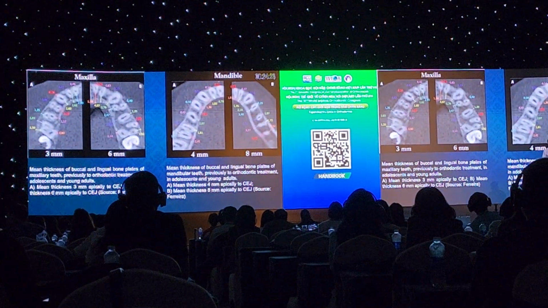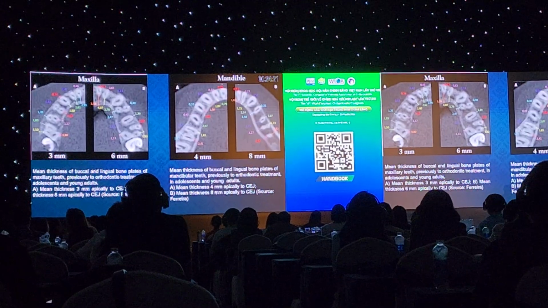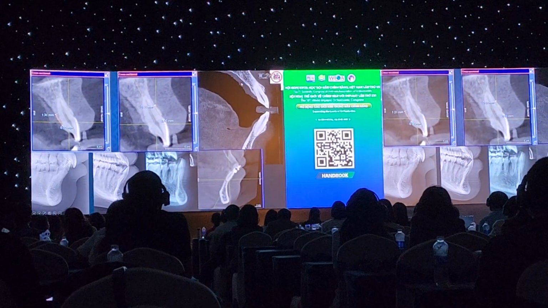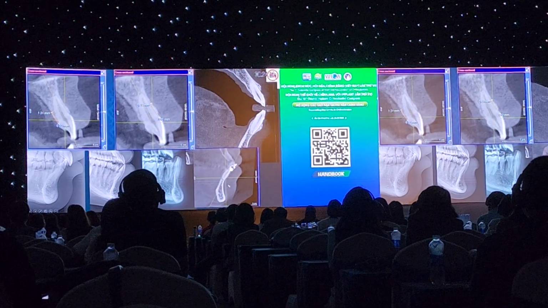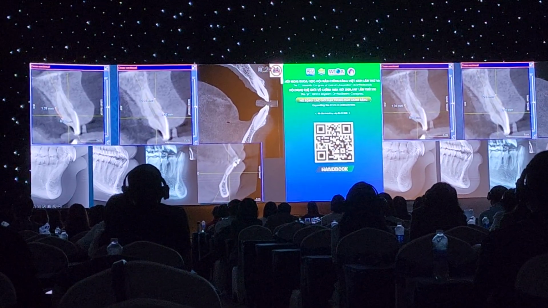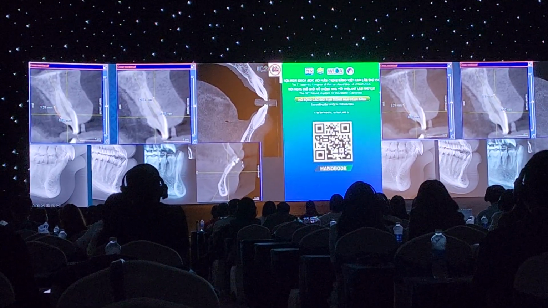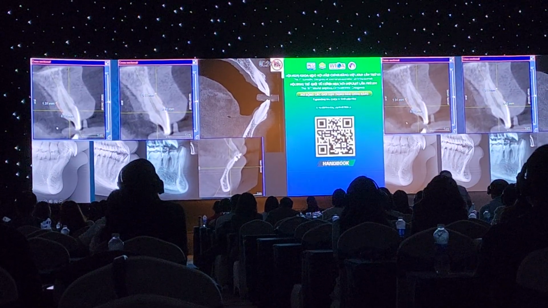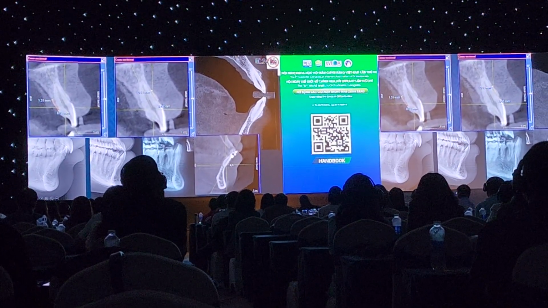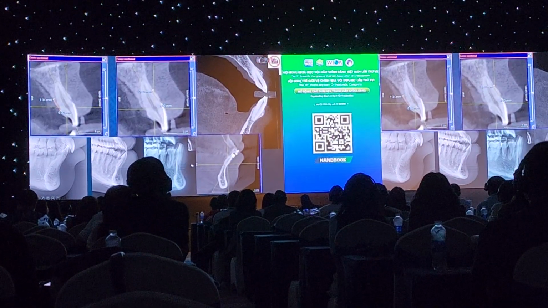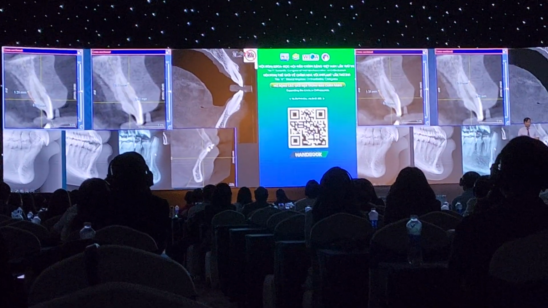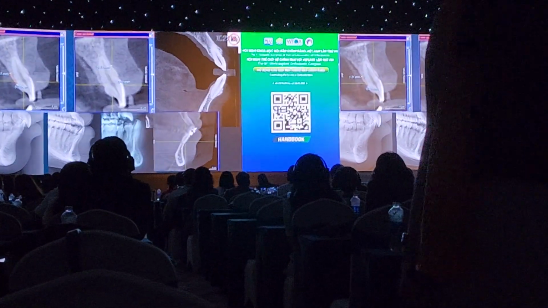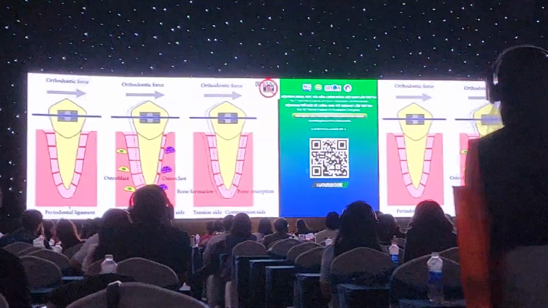But for the incisor, what do you see? The bone is very narrow. It's very dense. Sometimes the cortical plates stick together, especially in Asian patients. How do you correct that? How do you move? How do you intrude? How do you distalize? It's impossible. If you want to do that, it's very difficult.